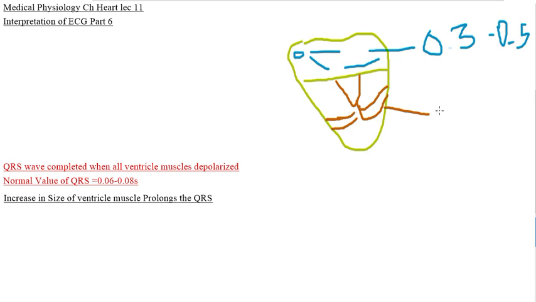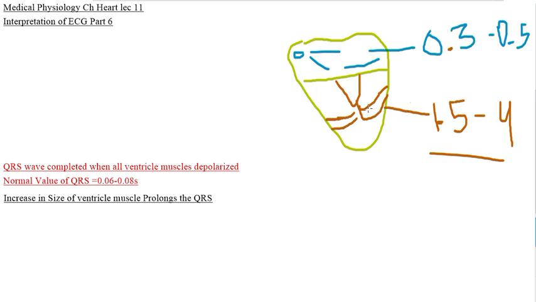The speed of cardiac impulses in Purkinje fibers is between 1.5 meter per second to 4 meter per second, so it is very large as compared to our atrial muscles. Whereas the speed of conduction of impulses in atria is between 0.3 to 0.5 meter per second. You must also remember the speed.